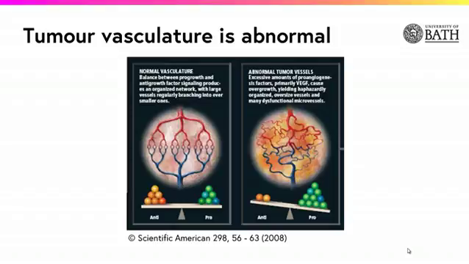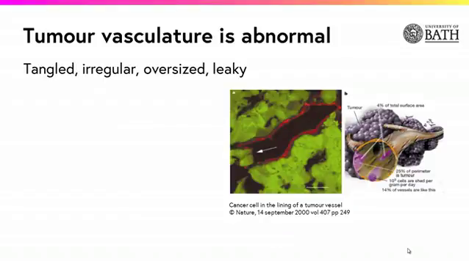So this vasculature is haphazard, it's leaky, it's disorganized, and not just in appearance, but also in how it works morphologically and in physiology terms. So these branch networks are tangled, they have holes in them, they're leaky, some sections are very thick, some sections are thin. So all this results in a host of consequences for the tumor.